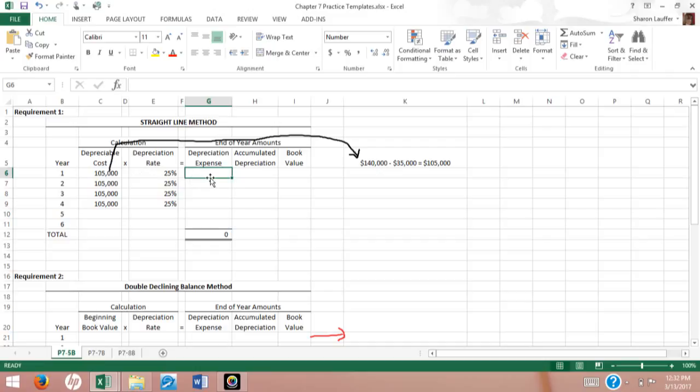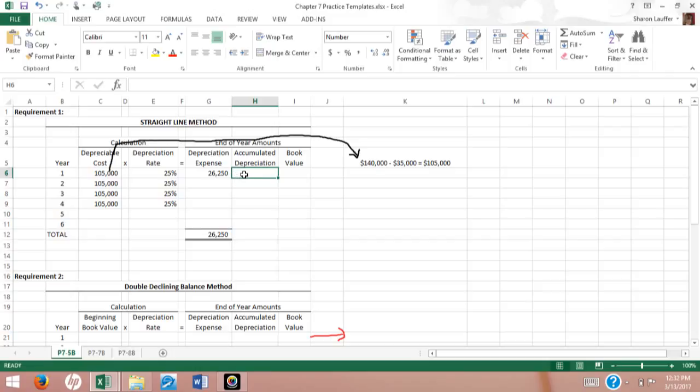$105,000 times 25% is $26,250. So that's the amount of the expense that we're going to have for year 1. Our accumulated depreciation is the accumulated amount of depreciation we take over each of the years, adding each year to the other.